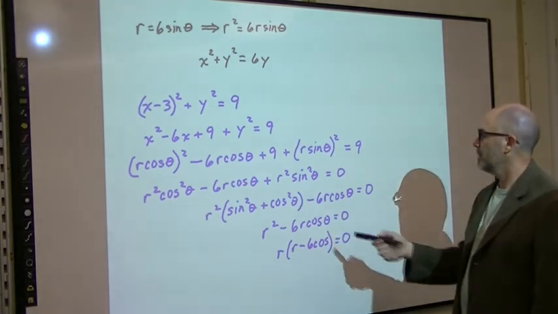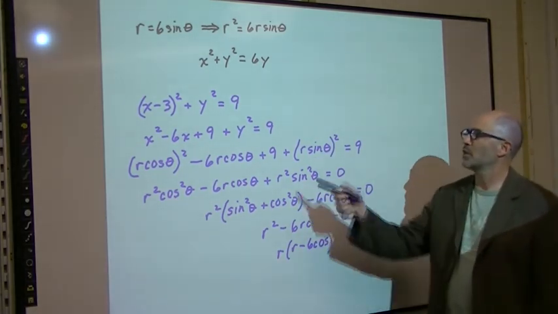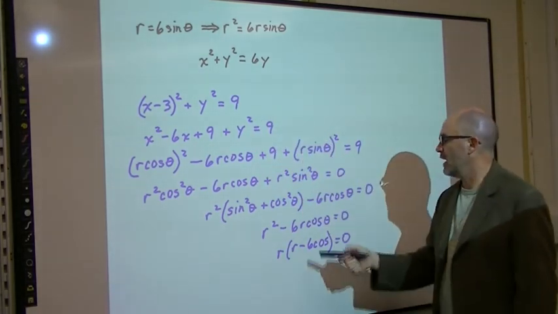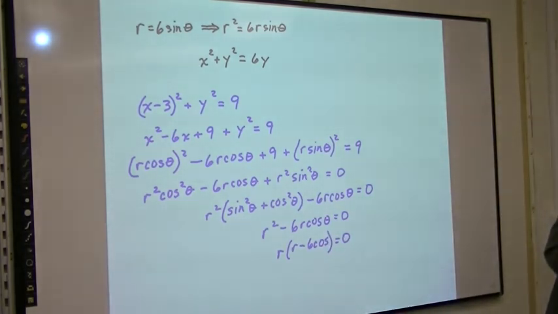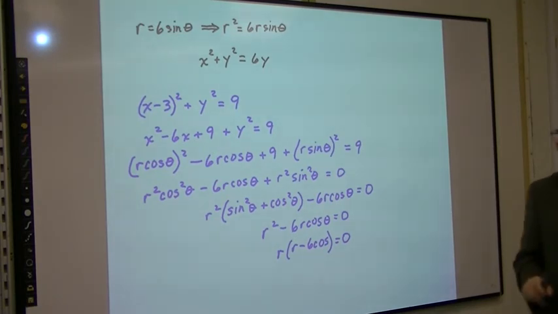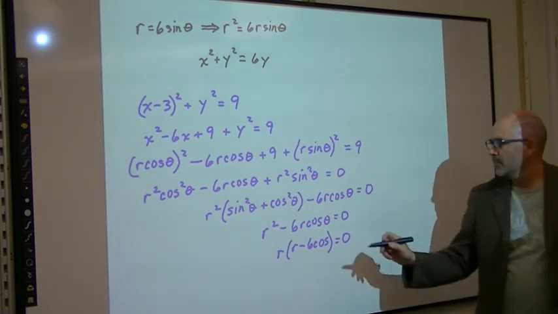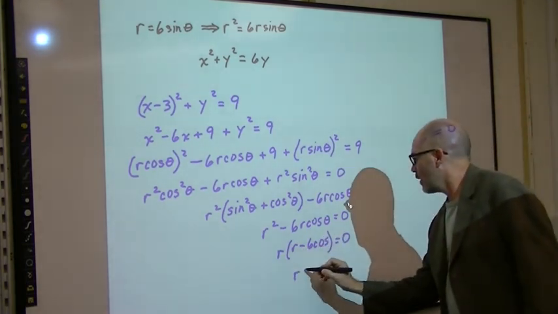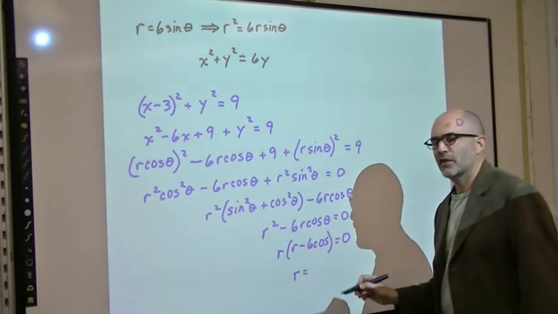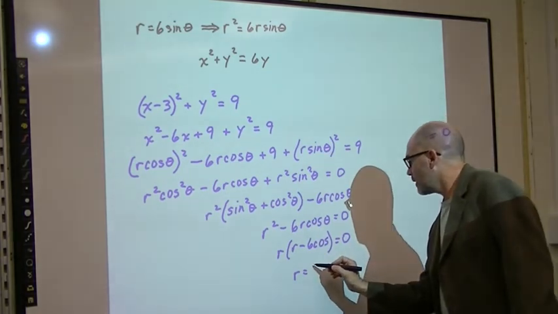So, there's basically an equation. We started with x and y, and we ended up with r's and thetas. Then the last step is to divide out the r, so r equals 6 cosine theta.